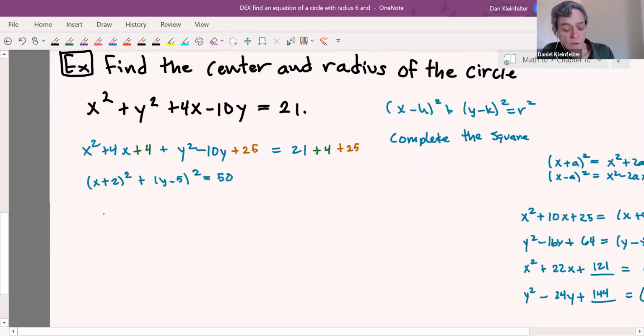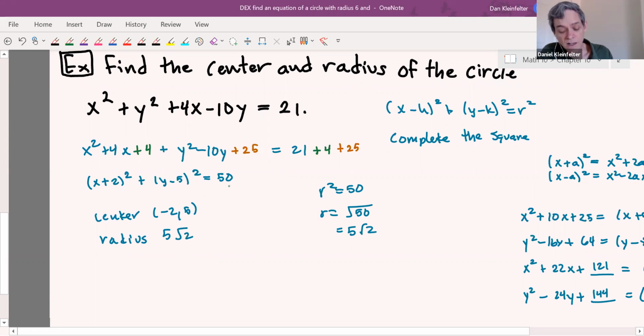The center is at (-2, 5). For the radius, notice that r² is equal to 50, so r will be the square root of 50, or 5√2.